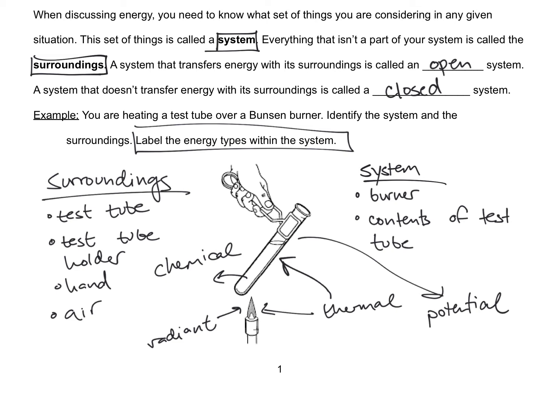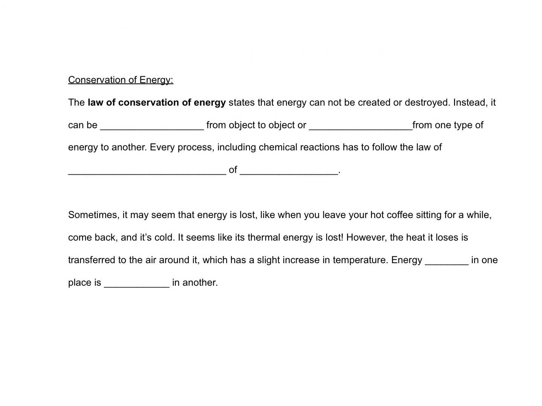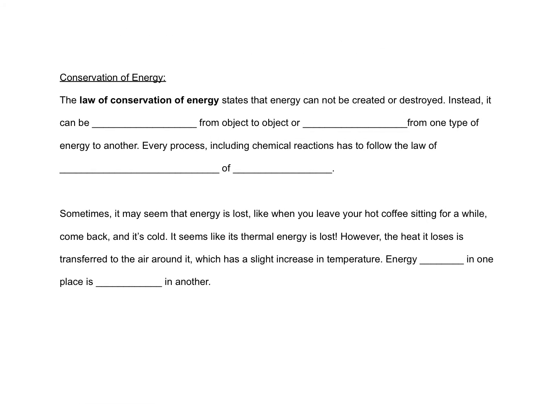All right, let's go ahead and flip on over to the next page and look at the conservation of energy. We've done conservation of mass before, and back in the day when we did conservation of mass, conservation meant something stays the same.